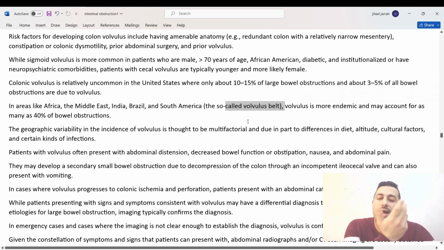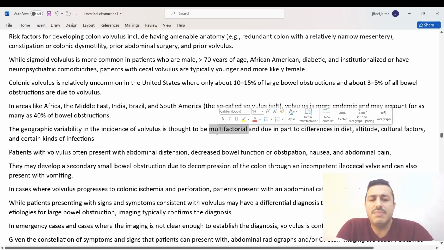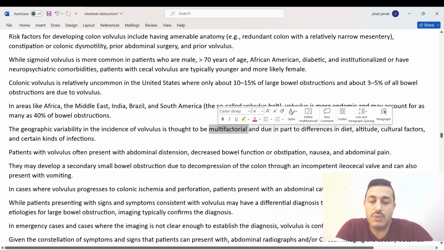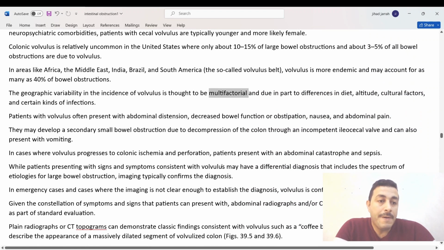It's like a belt: Africa, Middle East, India, Brazil, South America. They said this may be related to multiple factors, including the diet and altitude. Actually, high altitude areas are more common, such as Peru, as we will discuss in a few minutes.